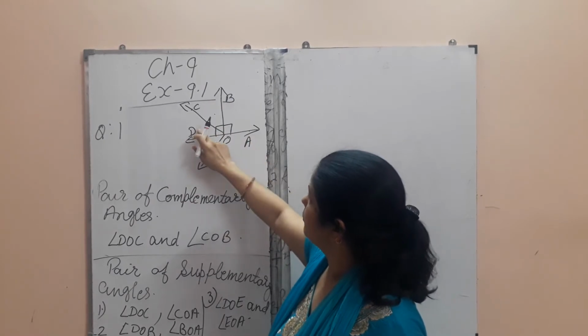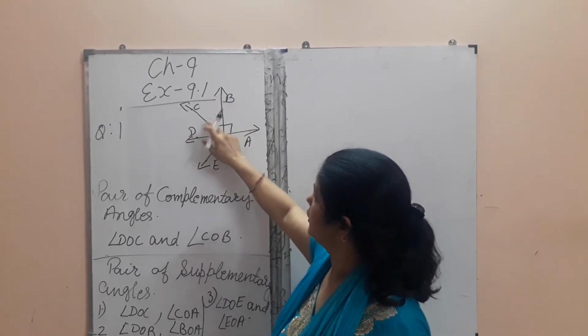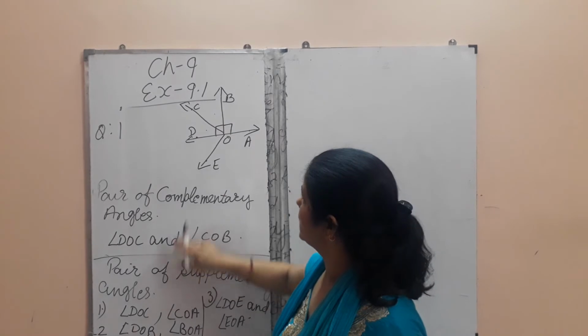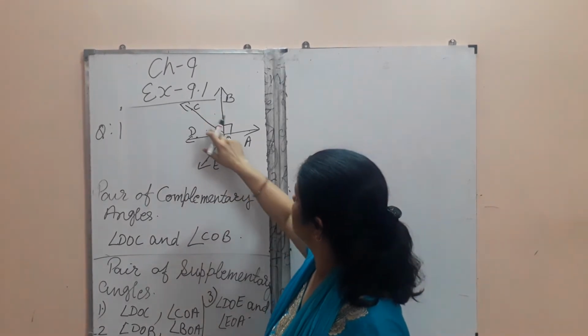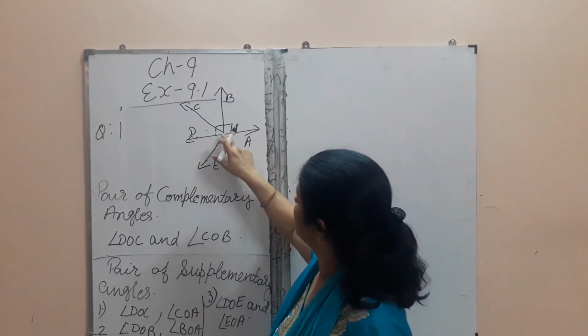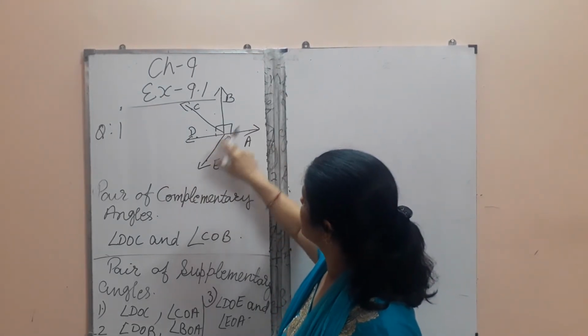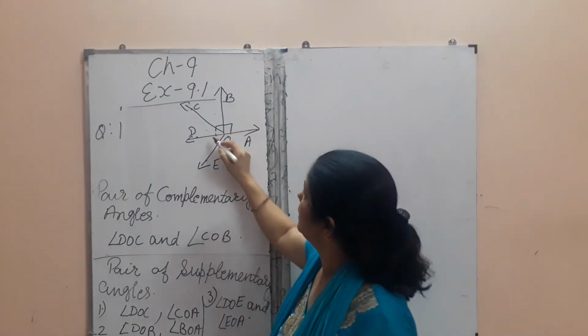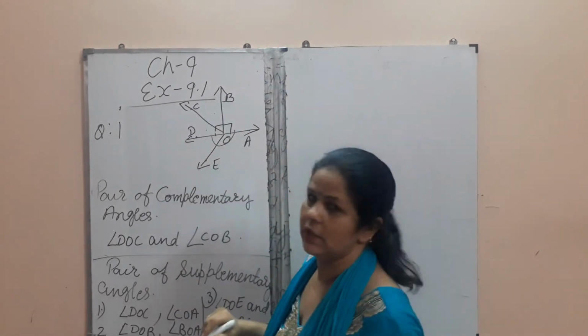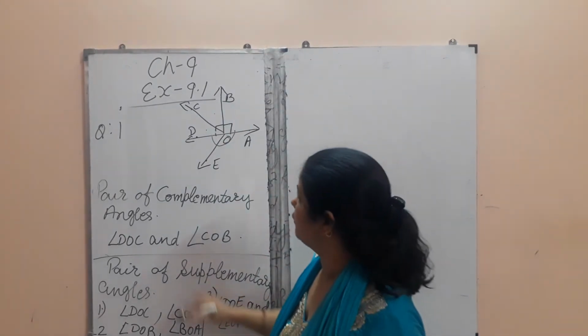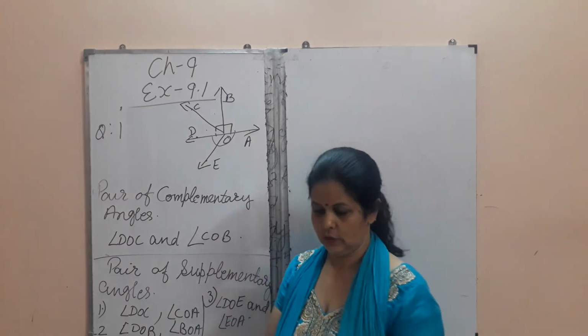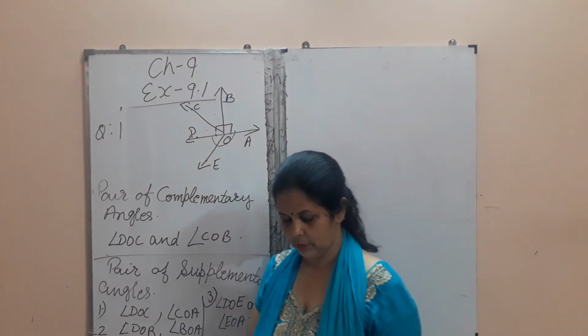This angle is formed by two angles, so these two angles are complementary angles, and this angle plus this angle, this angle plus this angle, and this angle plus this angle, they all make a 180-degree angle. So these are the pairs of supplementary angles. So understood? Now question number 2.